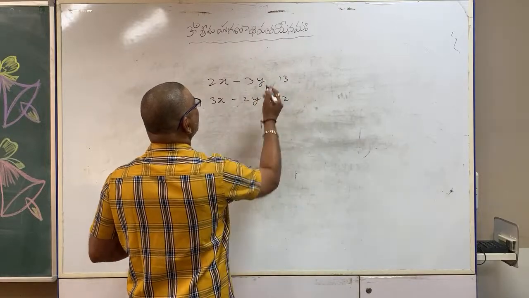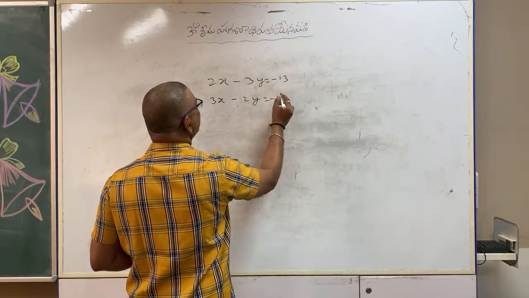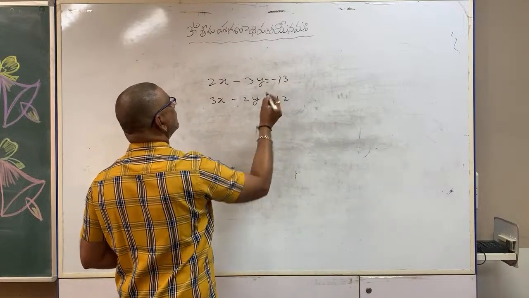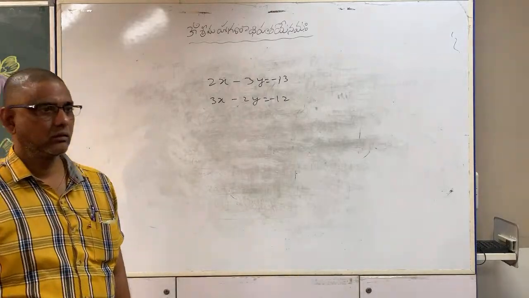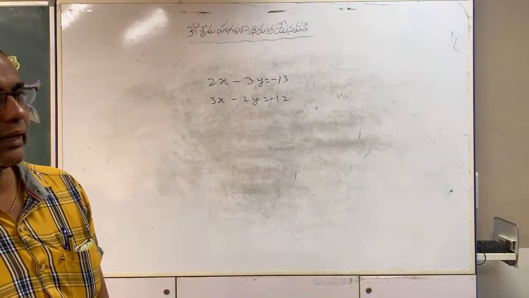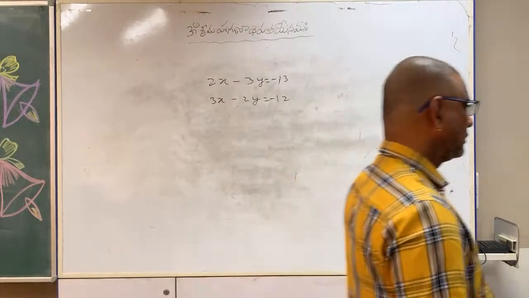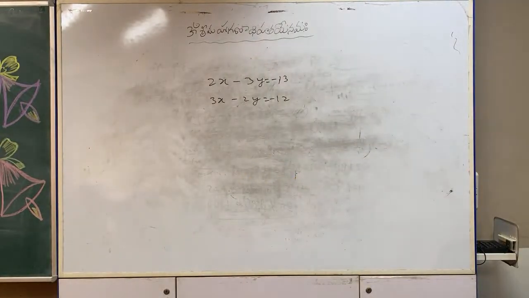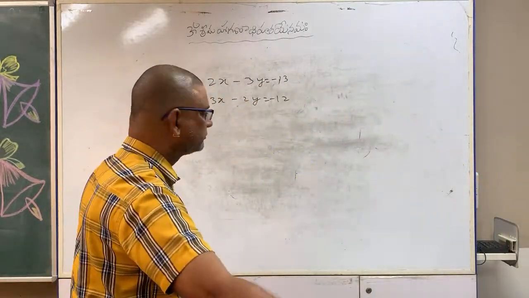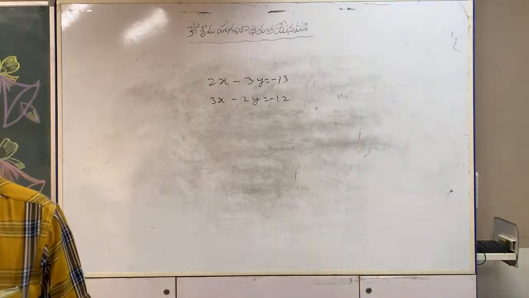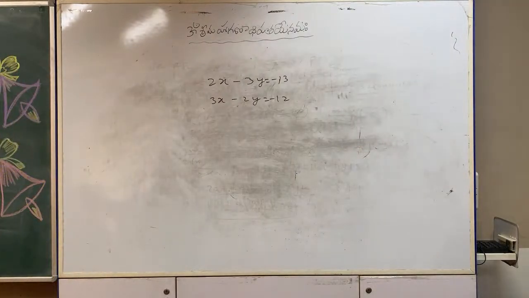You can take it like this: minus 13, minus 12. Which one do you want to eliminate, x or y?